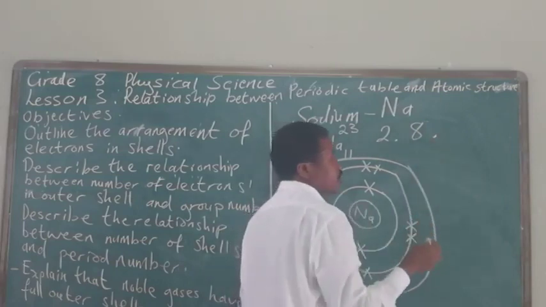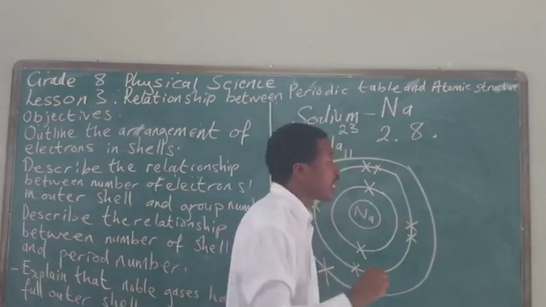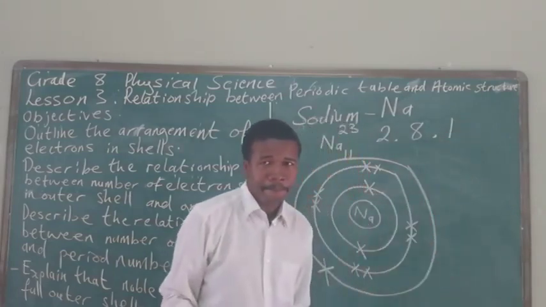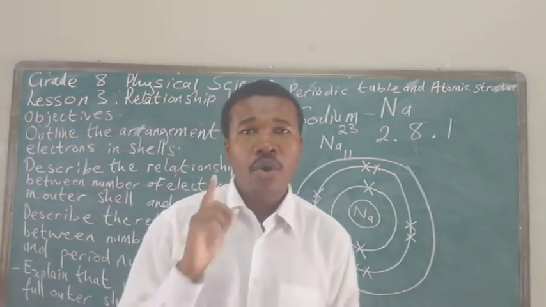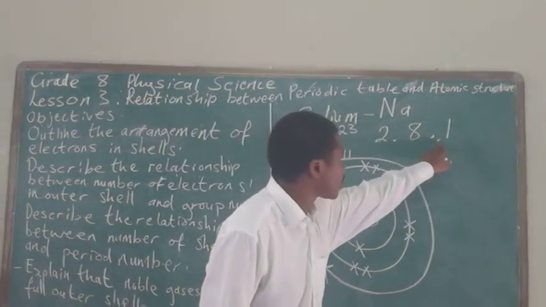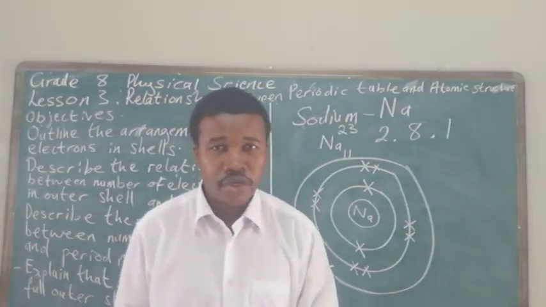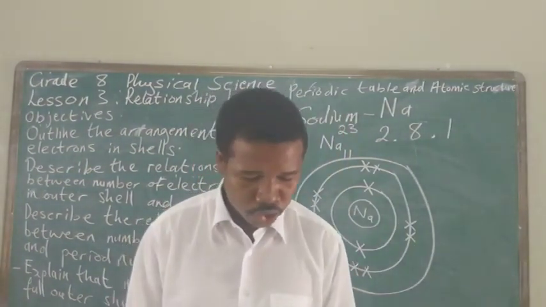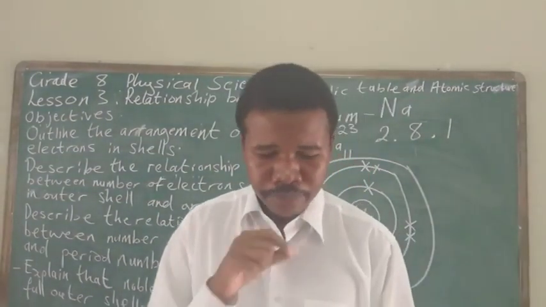Then you put another dot because there is still one more electron left. The third and final shell has 1 electron. So that is the electron configuration of the element sodium: 2, 8, 1.